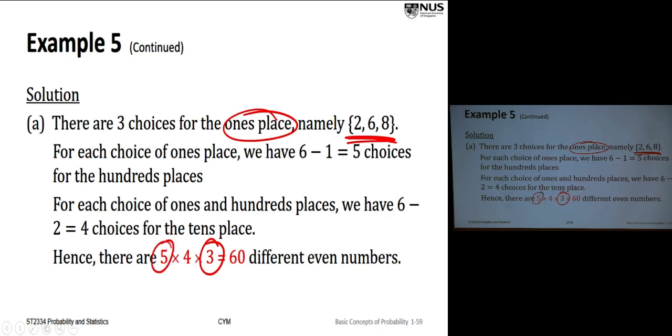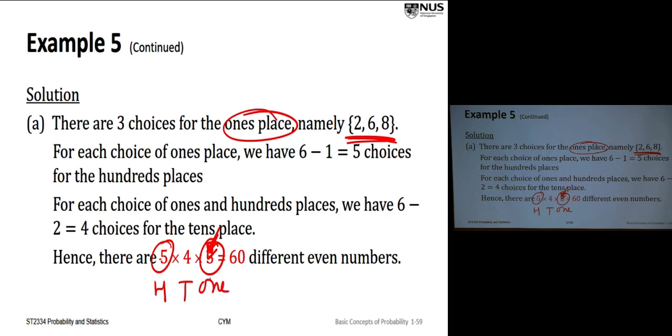We have 5 digits left. So we have 5 possible. That means for each of the digits that you used here for the ones place, you are left with 5 digits. So you can pick one out of these 5 to fill up the hundreds place. After you fill up these 2, then the tens place is left with only 4 digits. So multiply them together. You have to understand why we multiply. Because we fill up the ones place first.